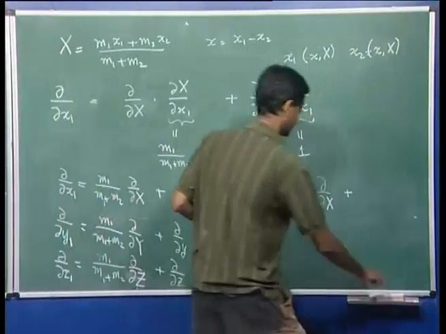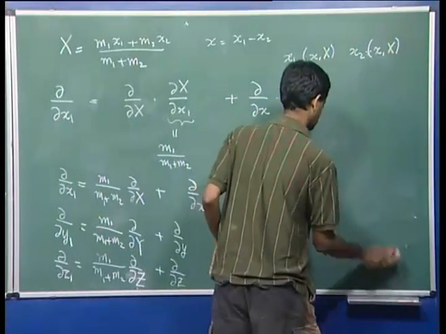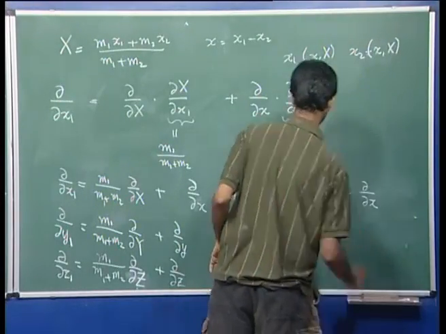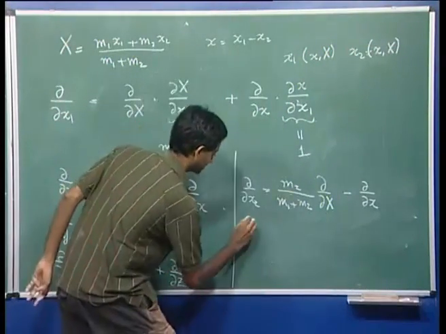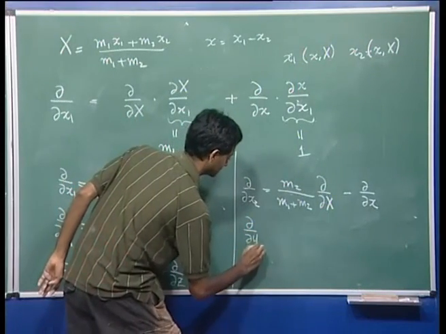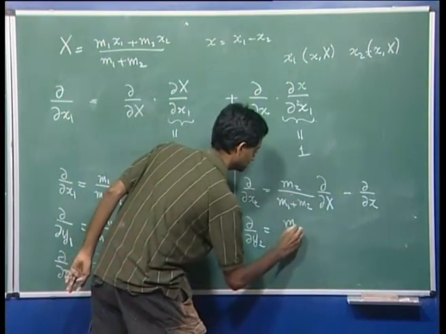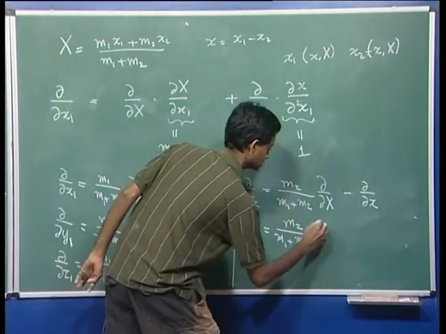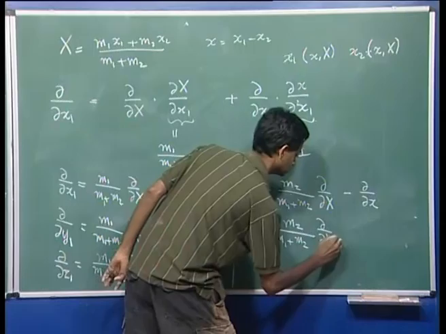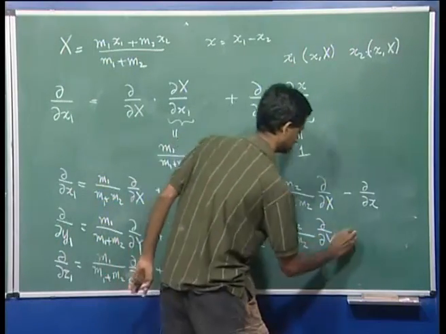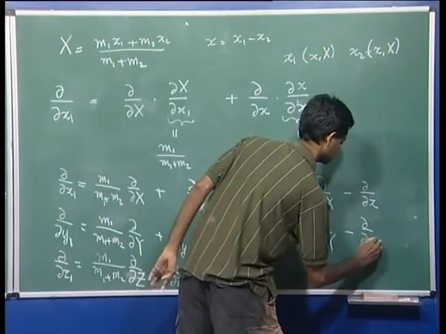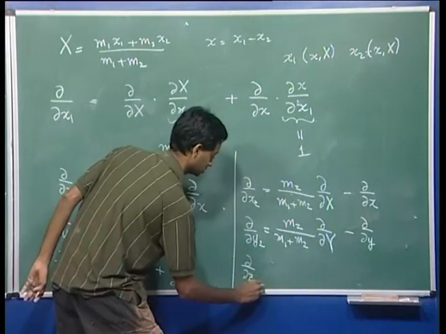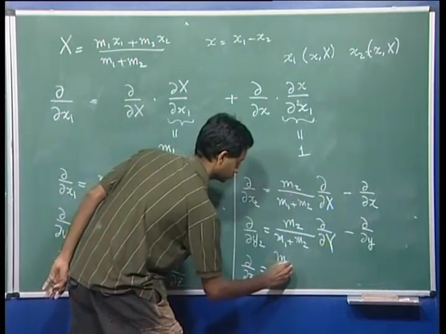So, this second term will just look like minus d by dx, and similarly I can write d by dy2 as m2 divided by capital Y, and I can write d by dz2 as m2.